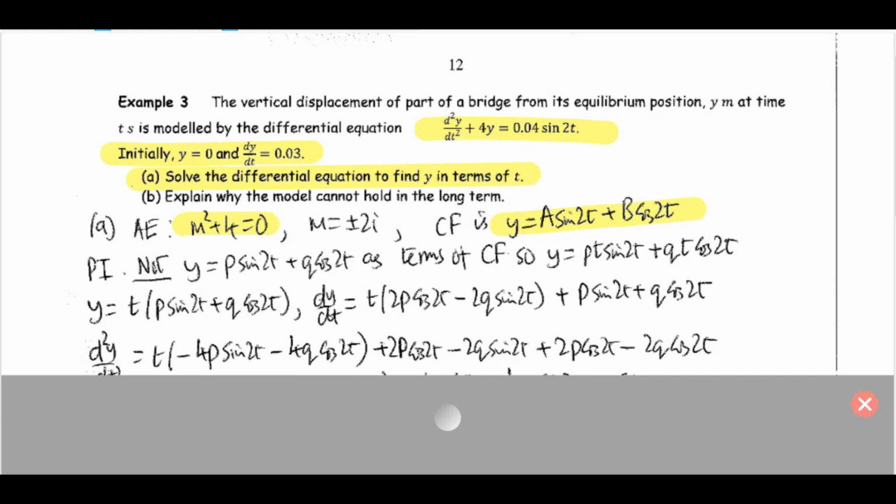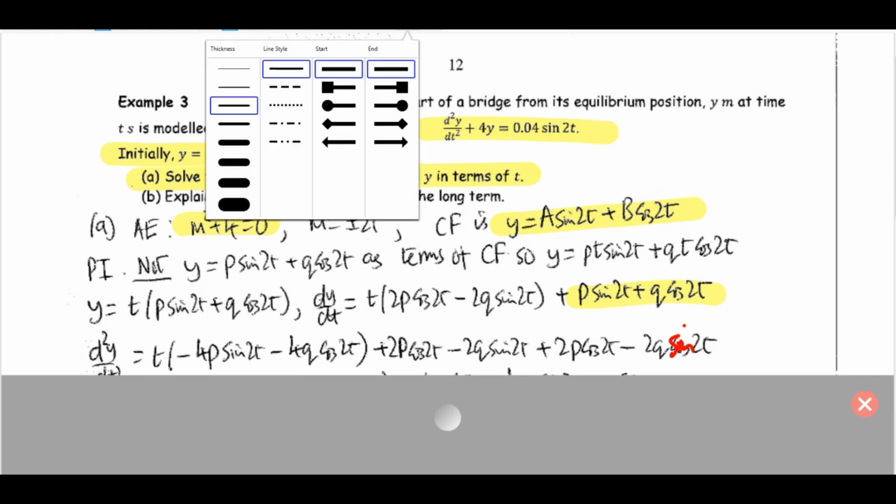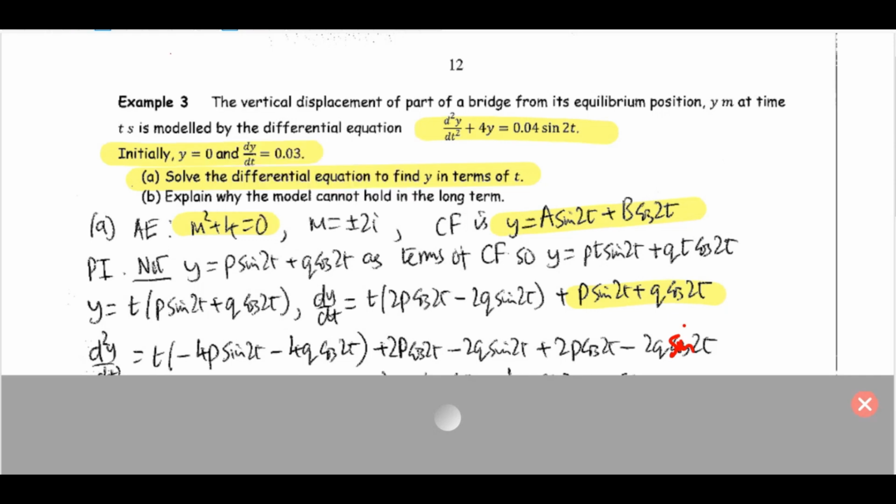And then if you differentiate the extra term at the end, there you get 2p cos 2t minus 2q. There's a mistake there, folks. Let me just change that slightly. That should be a sine 2t there. Okay, it's a slight mistake there.